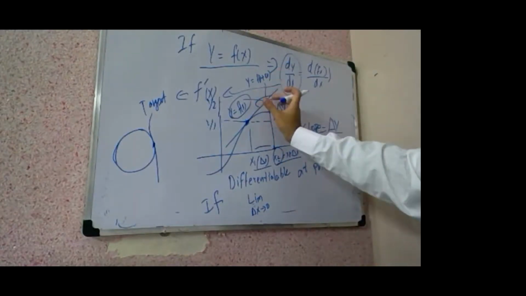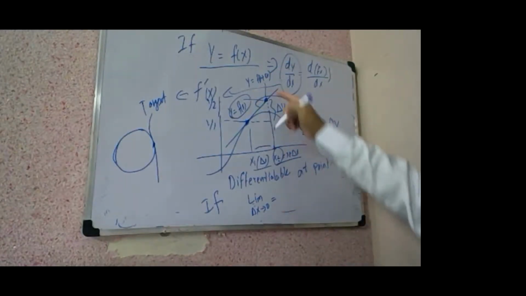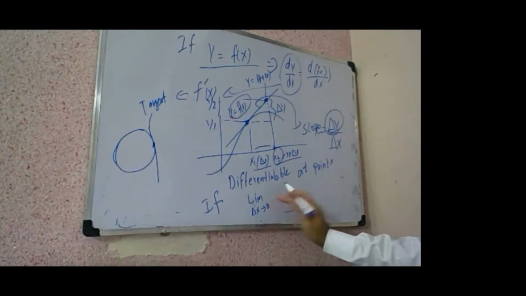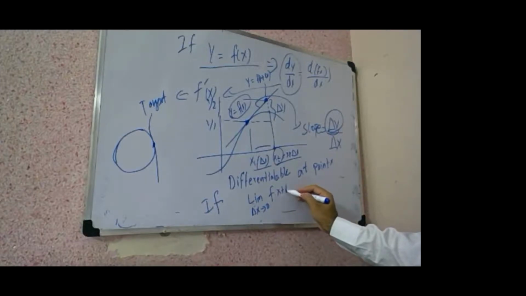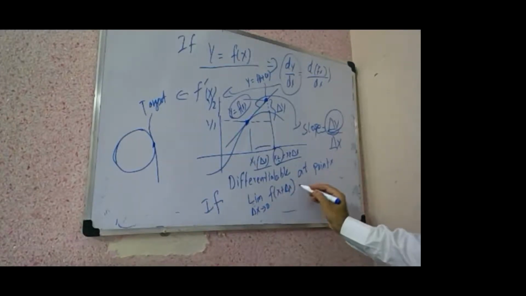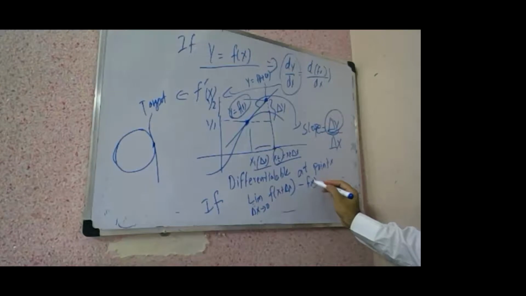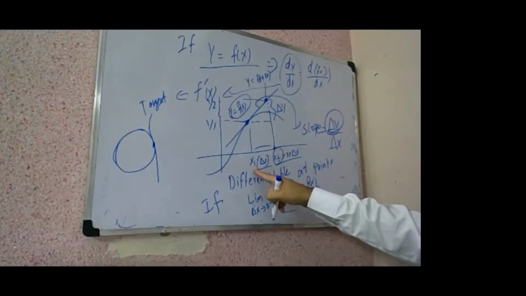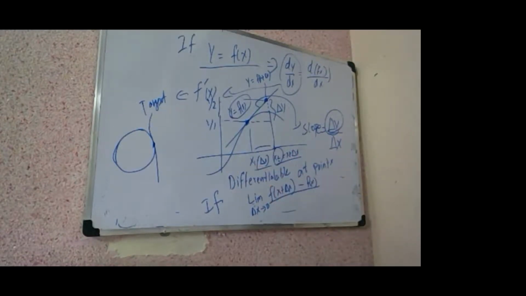So the change in y, this one. What is the change in y? It is f of x plus delta x minus f of x, divided by x plus delta x minus x, right? Which is delta x.